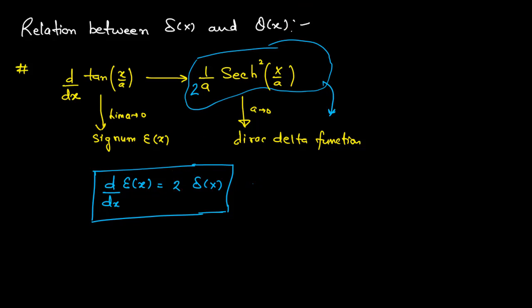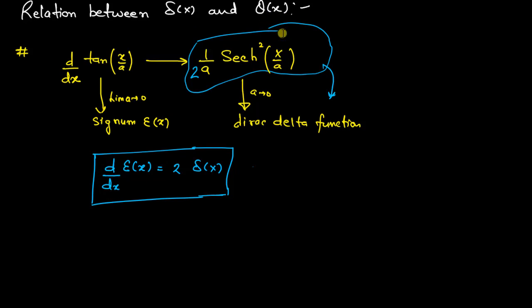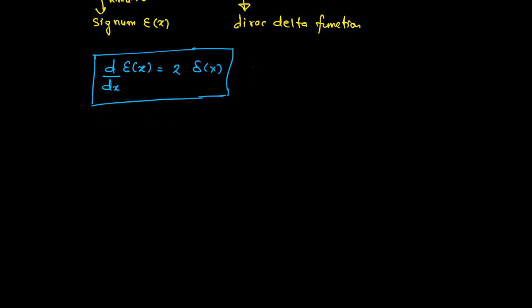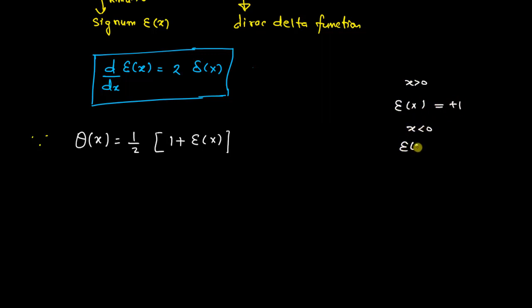Now the second relation we were interested in is between the delta function and the Heaviside step function. We know the relation between the signum function and the step function: theta of x is nothing but half of 1 plus e of x. You can verify this. Let's suppose x is greater than 0, then e of x is plus 1. If x is less than 0, then e of x is minus 1.